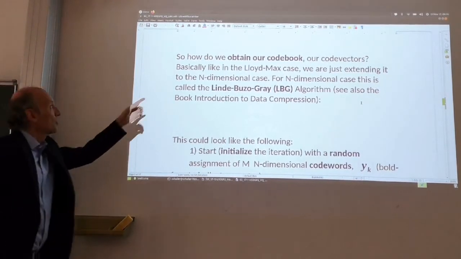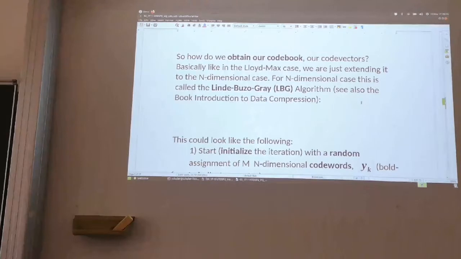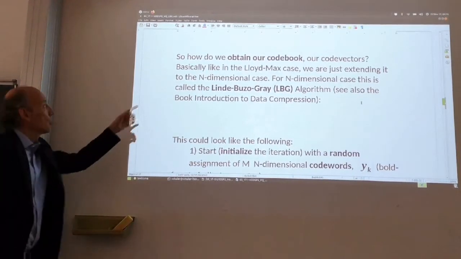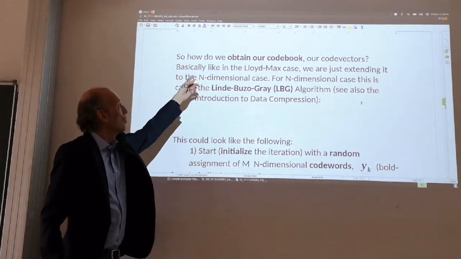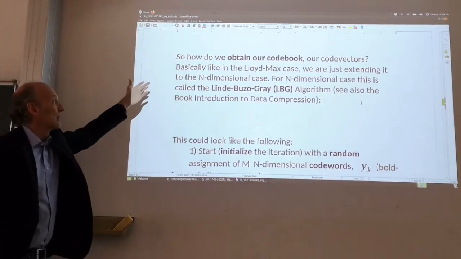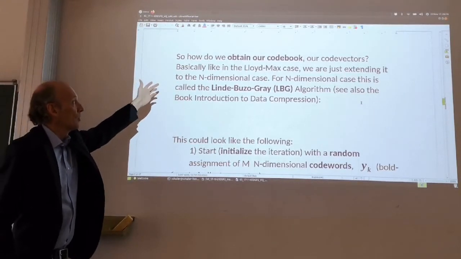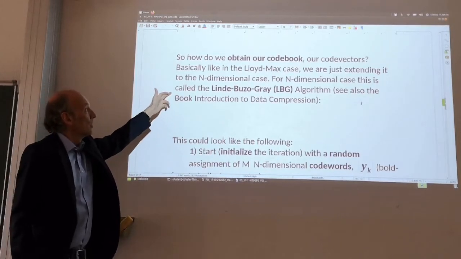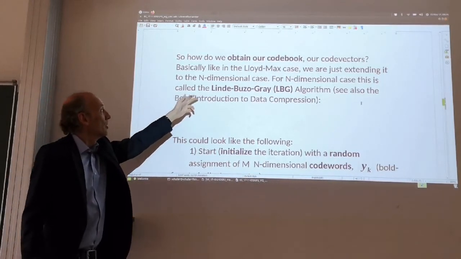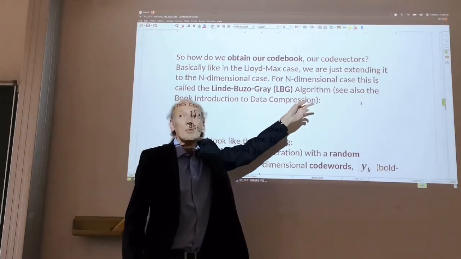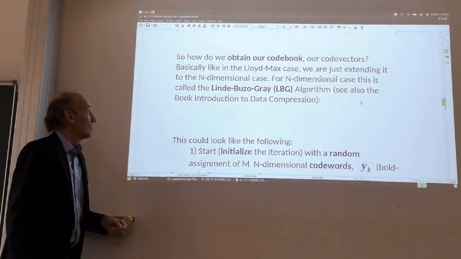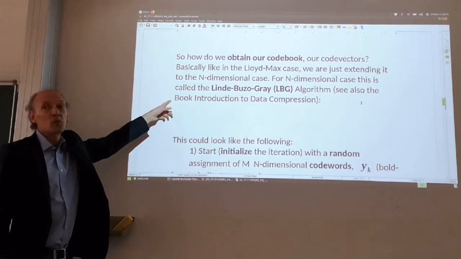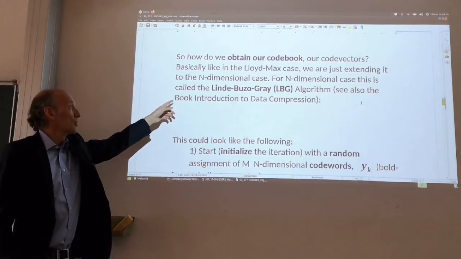So how do we obtain our code book, or our code vectors? It's basically like in the Lloyd-Max case, where we are just extending to the n-dimensional case. For the n-dimensional case, this is called the Linde-Buzo-Gray algorithm, LBG. You can also read about it in the book Introduction to Data Compression.